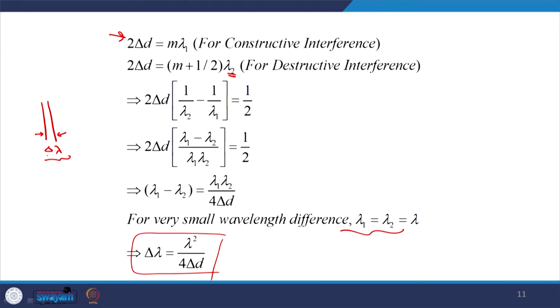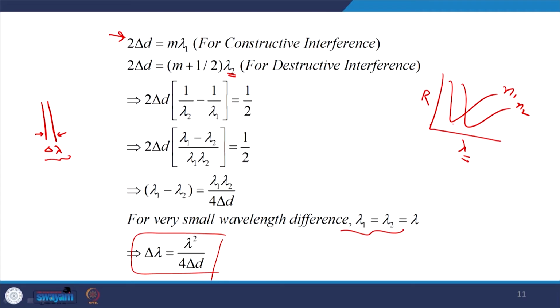Now, see how it can be used for sensing. I told you in the beginning, when we were discussing say plasmon resonance sensor, we are plotting here lambda, and here the intensity of reflected light, and then you were getting this kind of curve. If you remember, this was for n1, this was for n2. Now, I want to measure lambda. I told you how to measure lambda. If you have a Michelson interferometer, you can measure the wavelength of light.